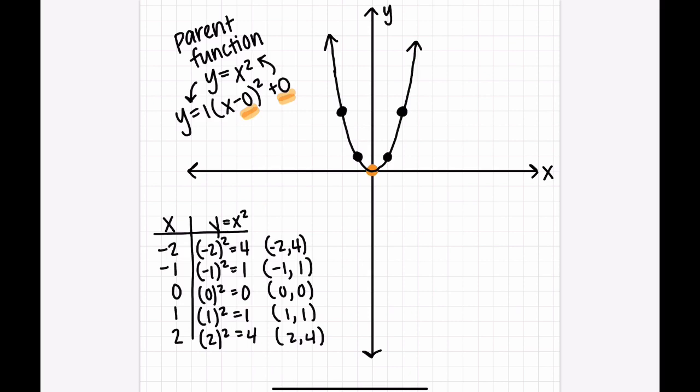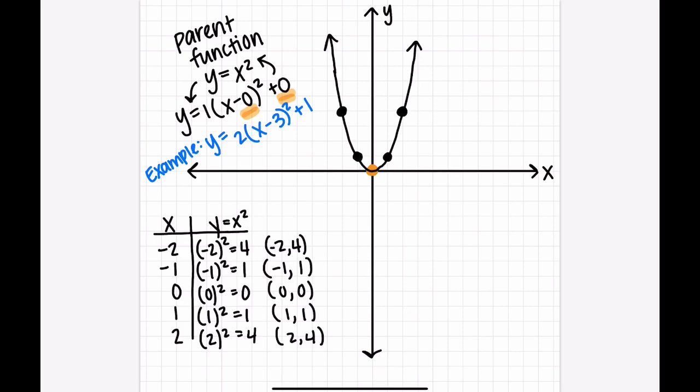Right, so let's say I give you this example: y equals 2 times x minus 3 squared plus 1. Okay, so let's look at this.